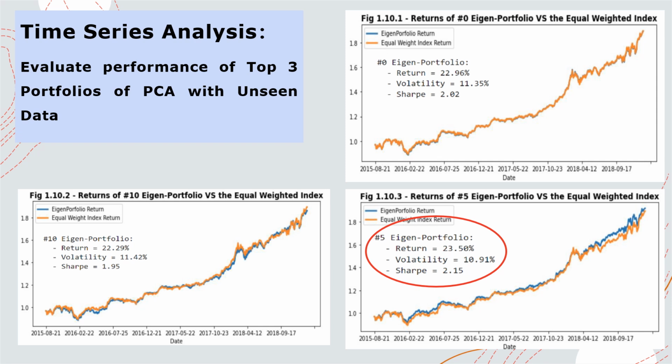The orange line represents the return of the equal weighted portfolio, which is the baseline, and the blue line represents the return of each PCA allocated portfolio. Based on the calculated Sharpe ratio, the number 5 portfolio demonstrates the best performance. It achieved an impressive annual return of 23.5% and the highest Sharpe ratio of 2.15.